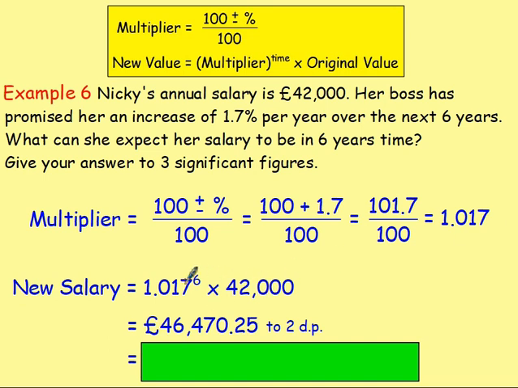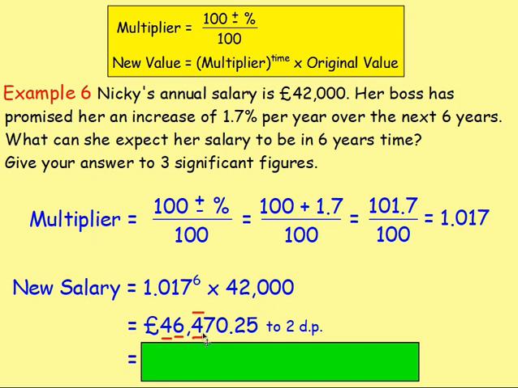So, to give our answer to 3 significant figures, find the 3rd significant figure. The first number that we come to that's not a 0 is the first significant figure. Beside that is the second, and beside that is the third. So this here is the 3rd significant figure. It is this 4. Think back to primary school when you dealt with units, tens, hundreds, thousands, and so on.